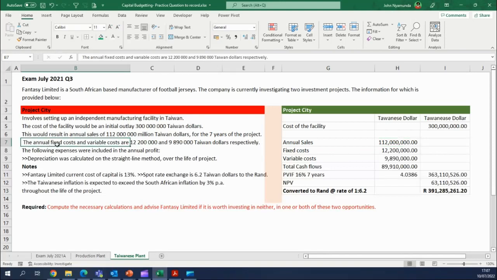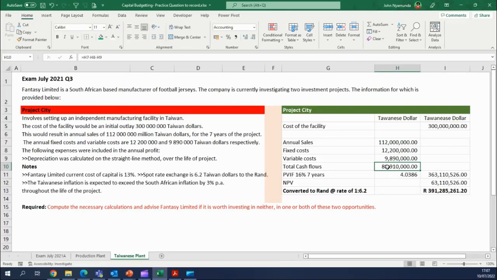The annual fixed cost is 12.2 million and the variable cost is 9.98 million Taiwanese dollars. So the total annual inflow is the sales minus fixed cost minus variable cost.